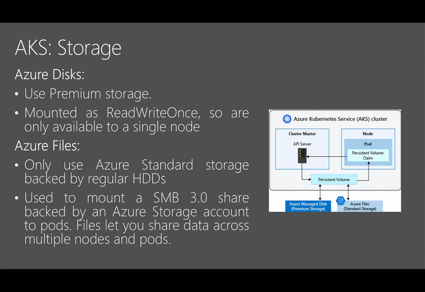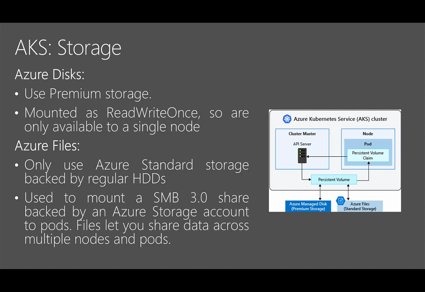On the storage side, you can deploy Azure Disks or Azure Files. This is what Azure offers you for the cluster. Azure Disk relies on premium storage. It is mounted as read-write once, and only available to a single node.